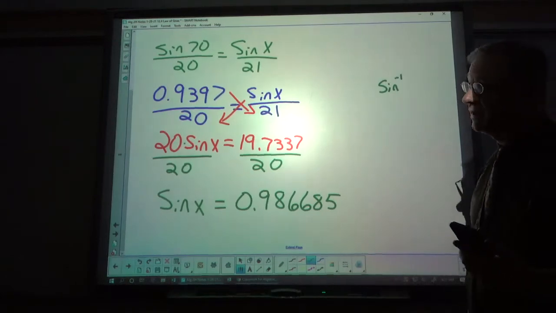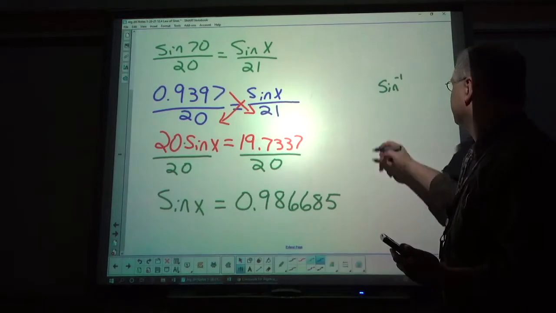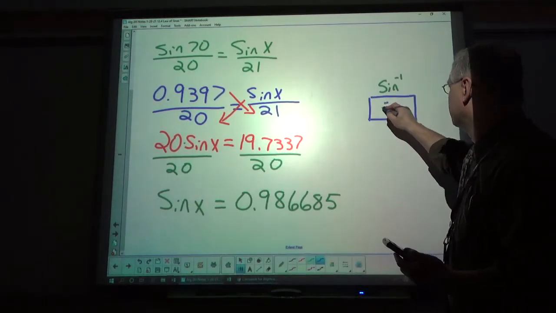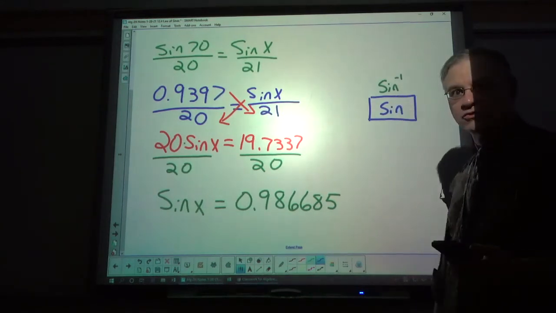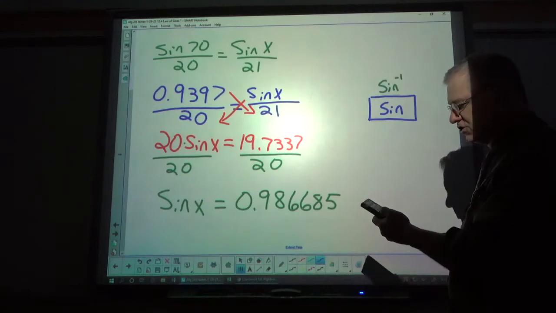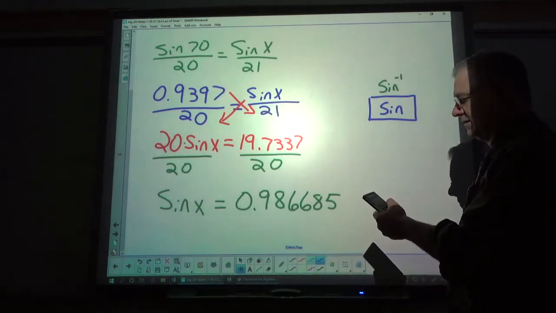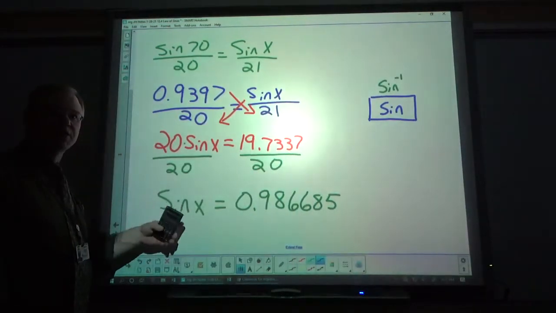It's not a -1 power, it means inverse. Now, usually that is in a secondary mode of sine. So the sine button, just above it, is usually the inverse sine. I have to hit shift and then sine, because that's above it, and it gives me the inverse operation of sine.